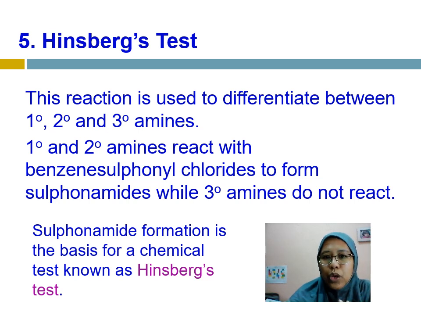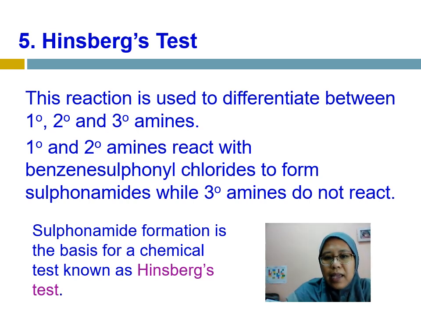So we are going to use benzene sulfonyl chloride on primary and secondary amine in order to detect whether they are different from each other. They are going to form sulfonamide. But tertiary amine will not react. So we're going to know straight away which one is primary, which one is secondary, and which one is tertiary.